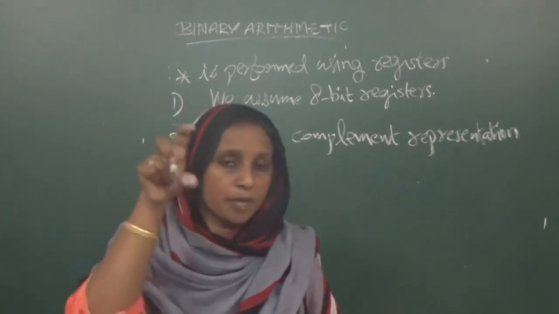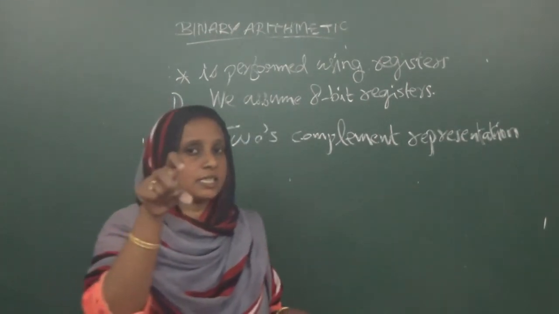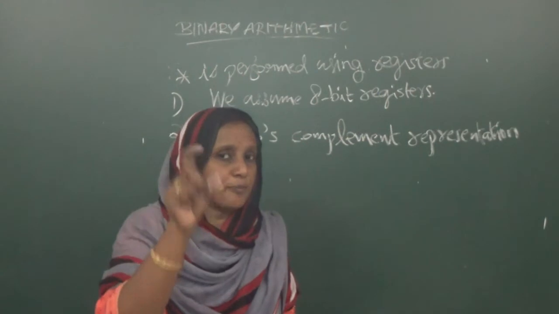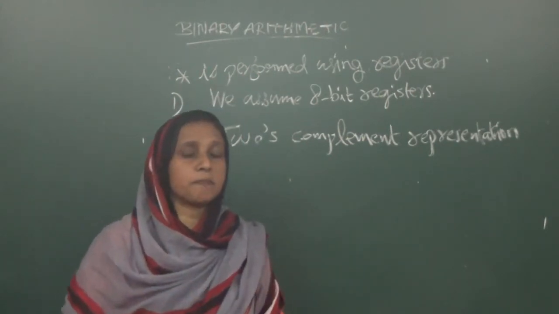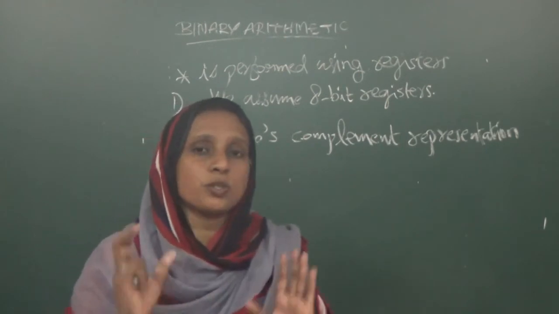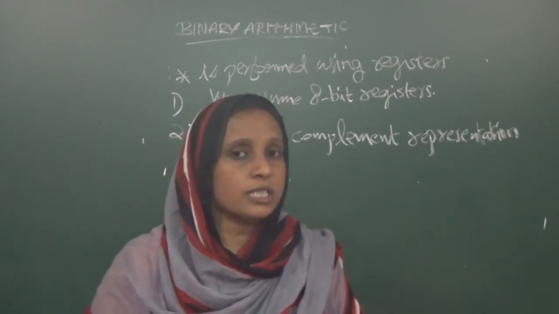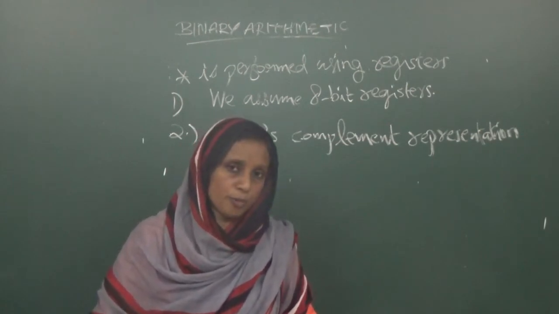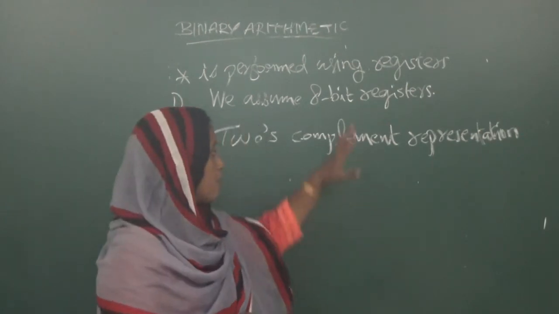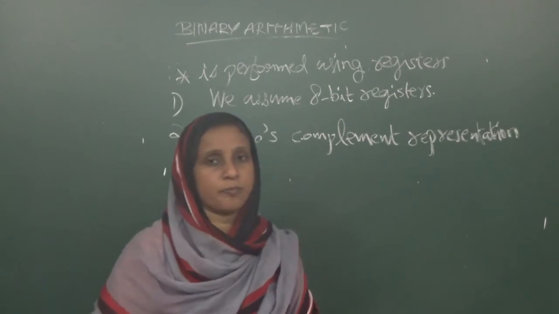First one is binary arithmetic operations are performed in 8-bit registers. The second assumption is our numbers are represented using 2's complement form. We already studied about 1's complement and 2's complement. These are the main two assumptions.